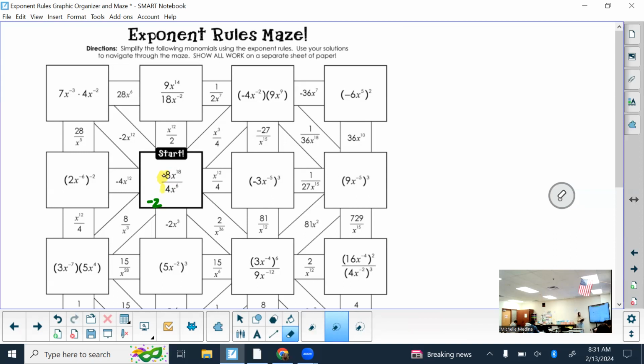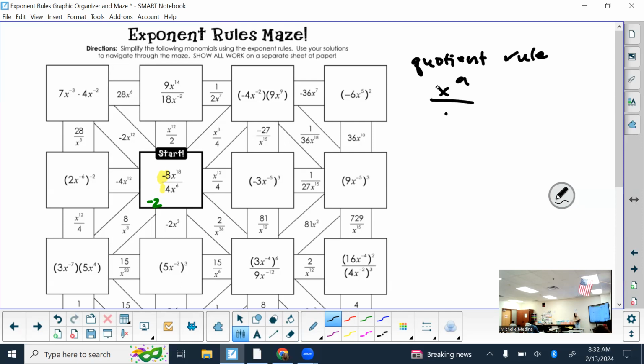What rule do I need to apply for the x's? The quotient rule. That's from your graphic organizer, so maybe have that out to help you. That one says that if I have the same bases being divided, I can subtract the exponents. So what's x to the 18 minus 6?